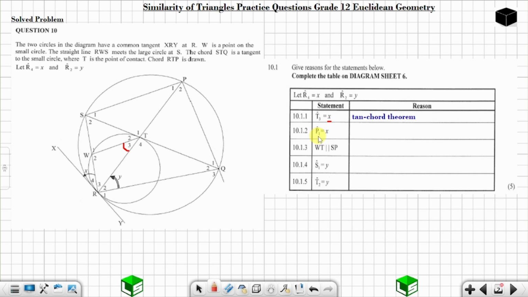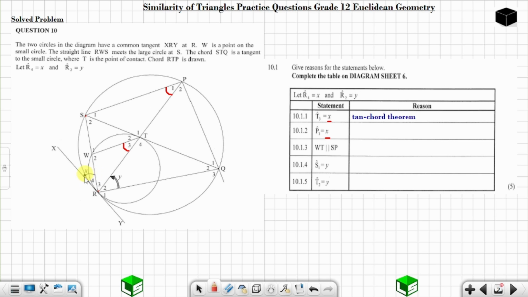Now, why is angle P1 equal to x? This angle is equal to x. Angle P1. Again, using the big circle, you have this chord SR with the tangent.